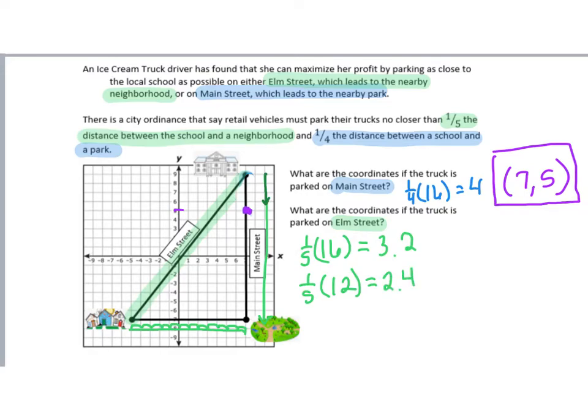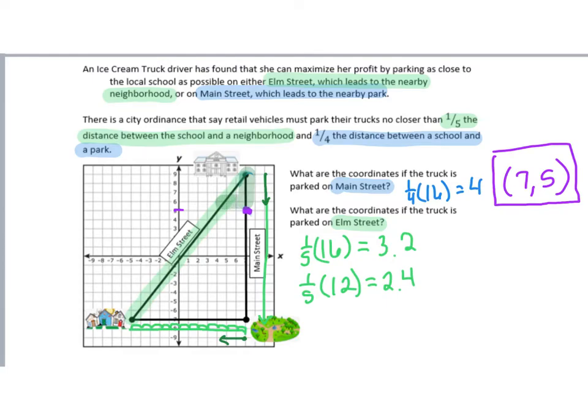So I know I'm going to be going back 2.4. I need to figure out where I end up if my vertical change is 3.2, and my horizontal change is going back 2.4.